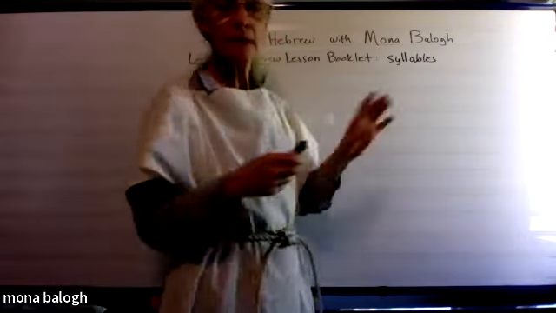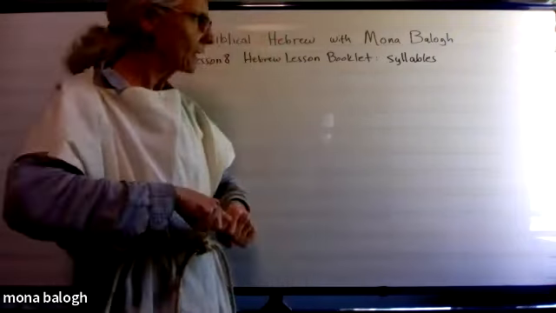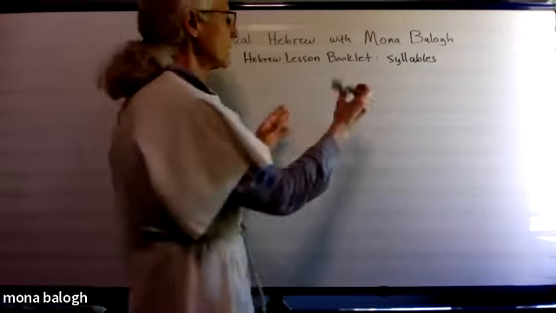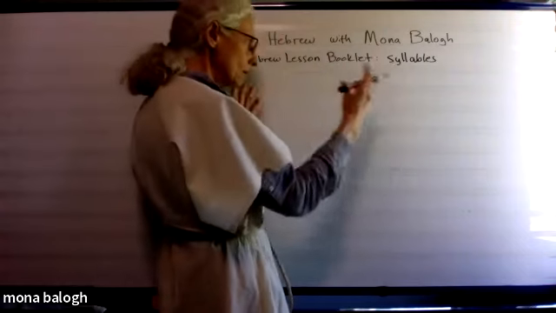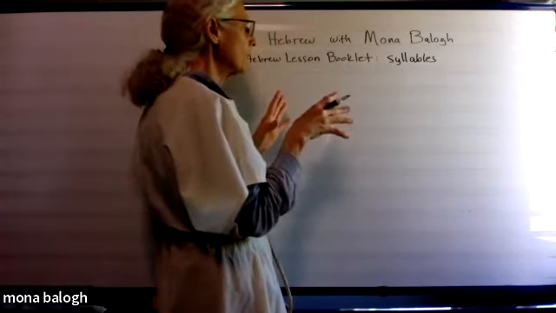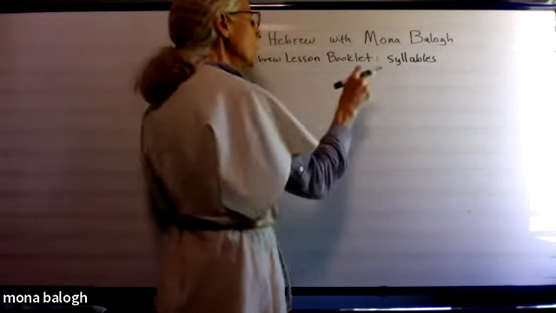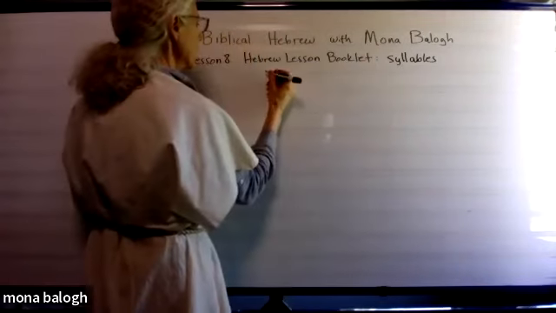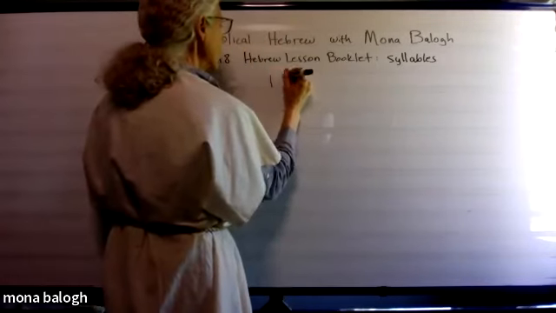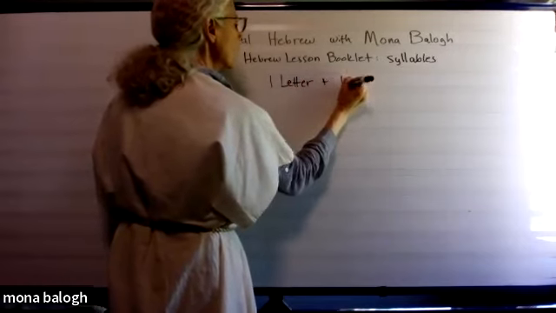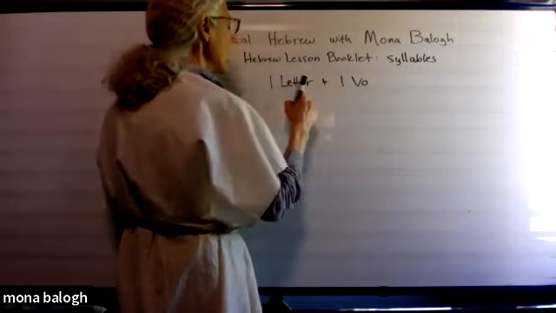Today we're going over syllables. We've learned that with each of the 22 letters, plus or minus the sofit forms, the end forms, one letter plus one vowel equals one syllable, and remember the vowel comes after the letter.